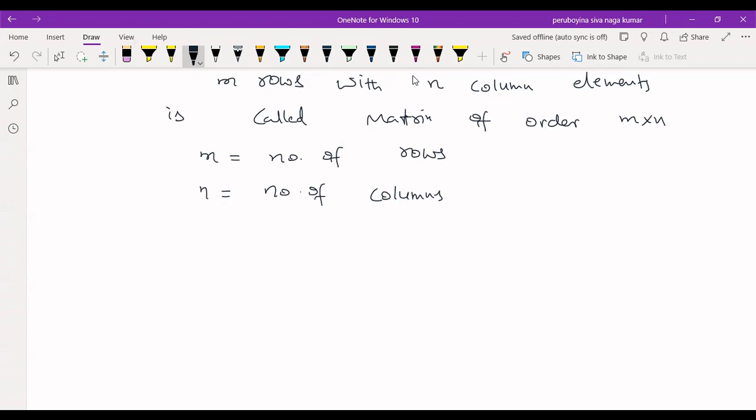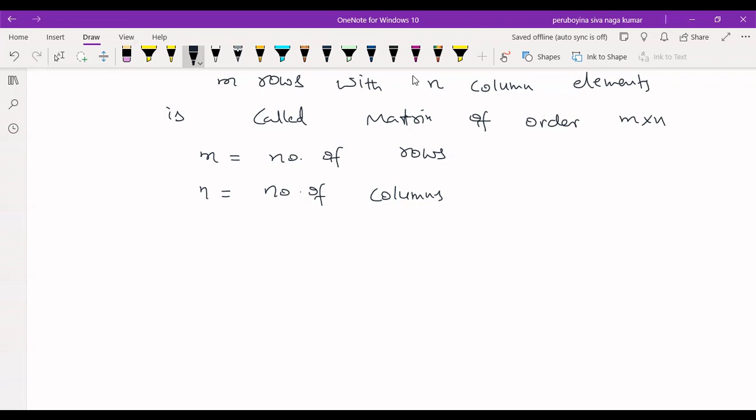Diagonal matrix means only diagonal elements exist and other elements are zeros, and a diagonal matrix must be a square matrix. Scalar matrix: diagonal elements are equal and nonzero. Identity matrix is also a diagonal matrix, but the diagonal elements will be one and other elements zeros. It is called a unit matrix.